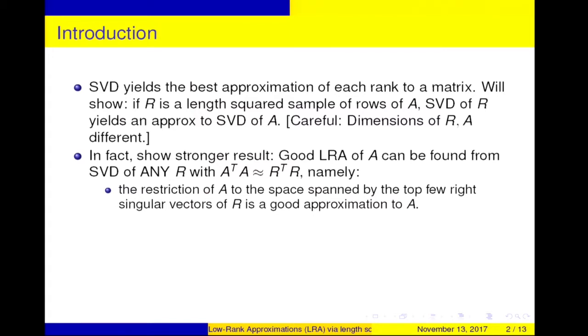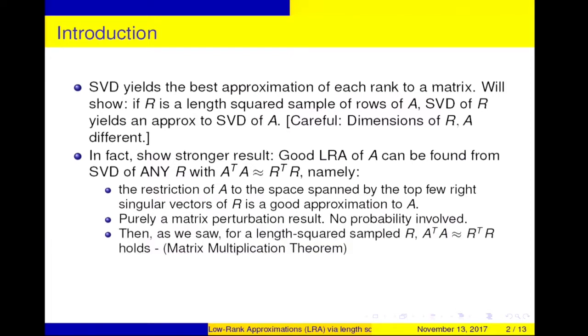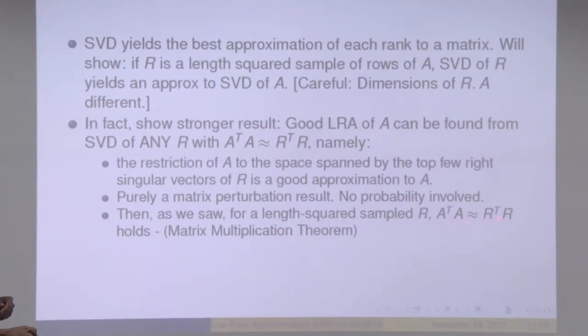We'll prove that. And this is, again, purely a matrix perturbation result. There's no probability involved in that part. But as we will see, again, we'll recap, that if I have a length squared sampled R then A transpose A equals R transpose R, roughly, approximately. And that's the familiar matrix multiplication theorem.